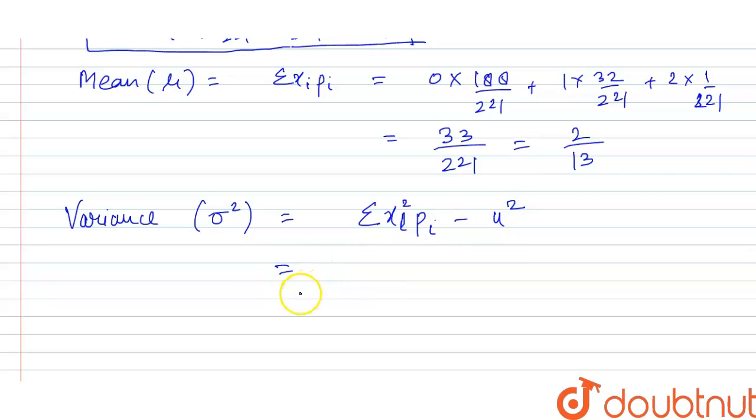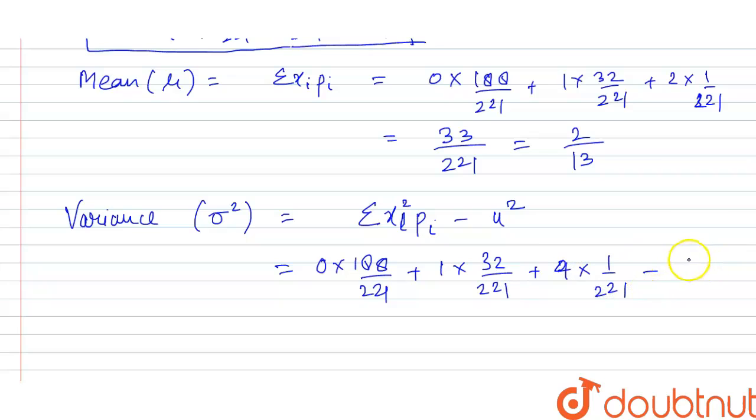If we put in the values, we get 0 into 188 upon 221, plus 1 into 32 upon 221, plus 2 squared into 1 upon 221, minus mu squared, that is 4 upon 169. If we solve this, we get 36 upon 221 minus 4 upon 169.